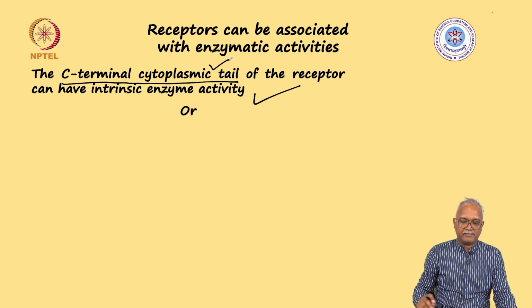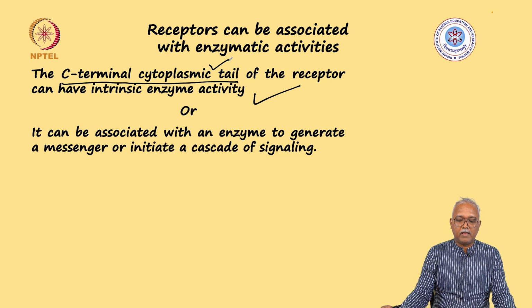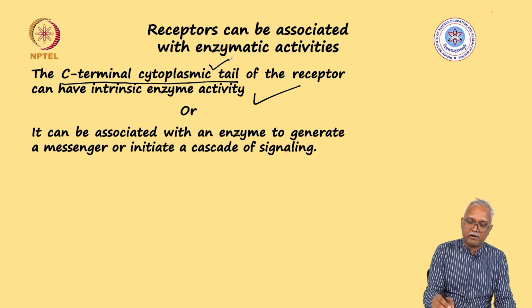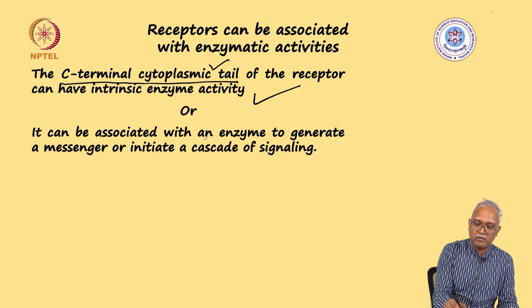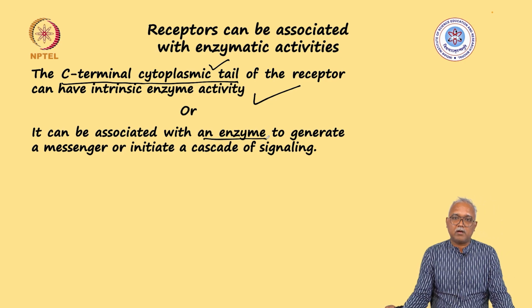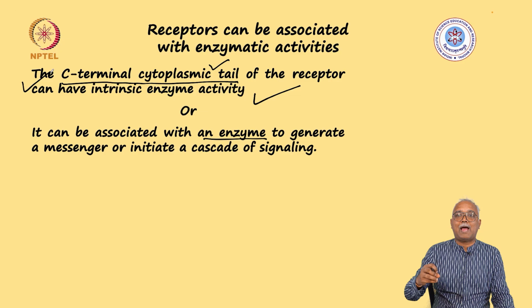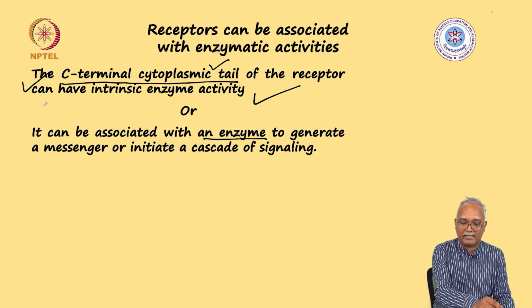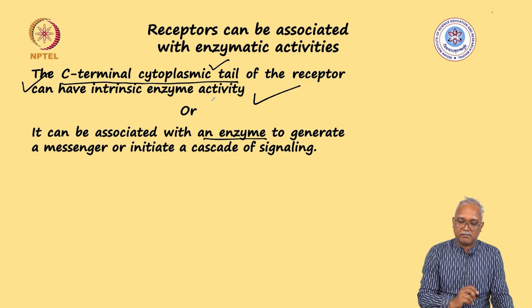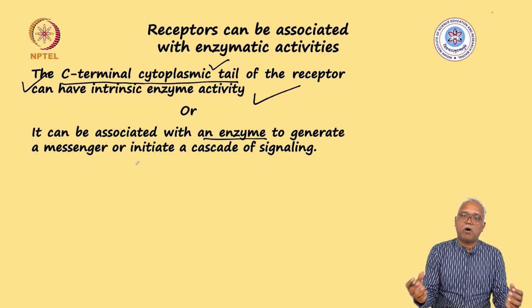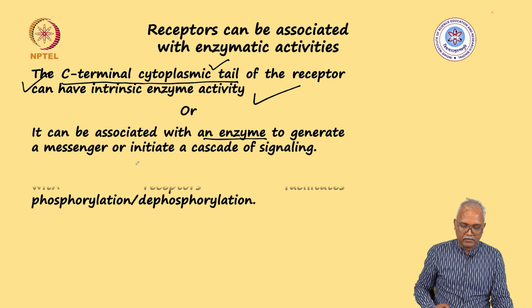So what are these activities which can be there? Either this receptor can be associated with an enzyme which can generate the signaling, or it can have an integral activity as mentioned here. It can actually generate a cascade only when it can activate the process, whether by directly having the intrinsic enzymatic activity or binding with a protein which brings the enzymatic activity.